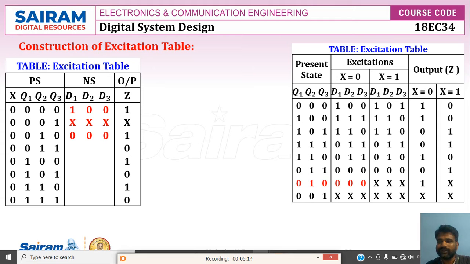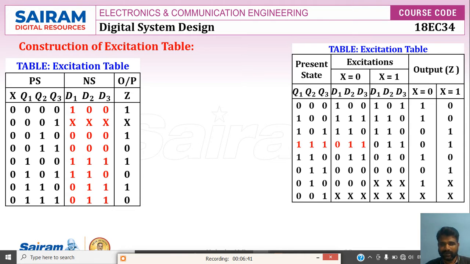I mean this is the value which I have already marked in red color. So 000. Next 011, 000. 100, 111 D values, and 101, 110. Similarly 110, 011 and 111, 011. Okay, we complete.